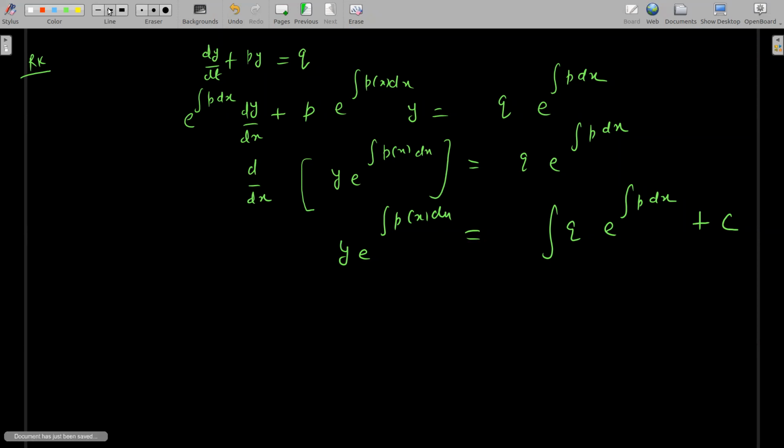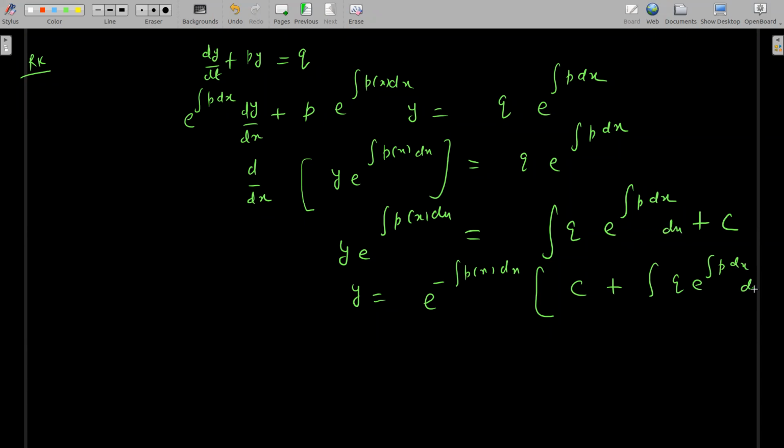But here I have given a sense that you can write e power minus this on the right hand side, with the constant written first: constant plus integral of q e power integral p dx, and then dx. In that case, e power minus integral p was the solution of the homogeneous equation that I have written as y1, and the rest of the term is the same.